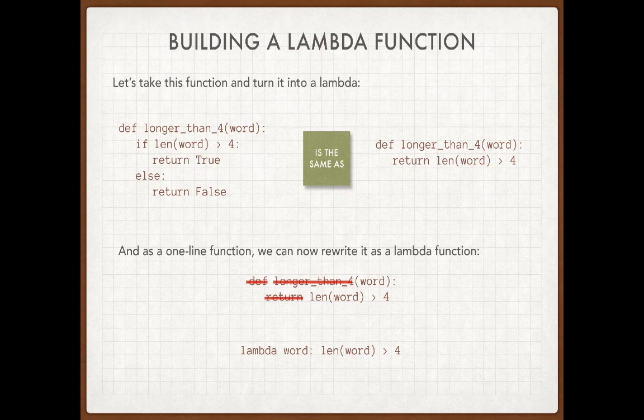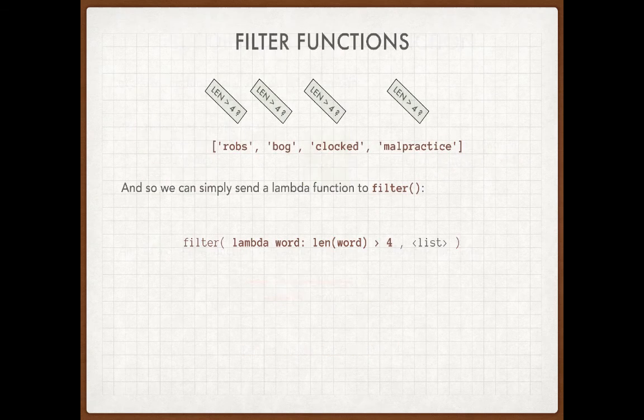We take out the def, we take out the name, we take out the return. And so what we have is a little lambda function. It accepts as input an input parameter called word, and it just returns the Boolean value true or false of whether the length of that word is greater than 4. And so when I send that to filter, it looks just like this, right? Just sending that little tiny lambda function, and that little tiny lambda function will get applied to each element of the list in turn.